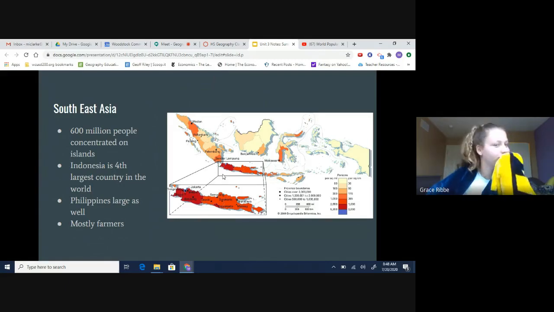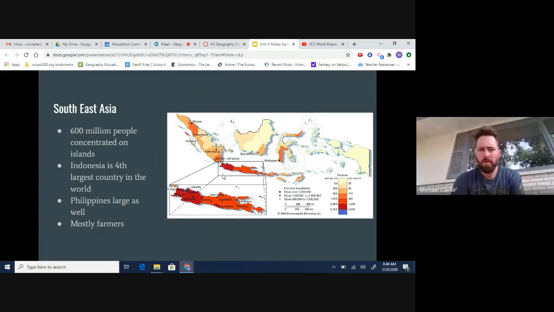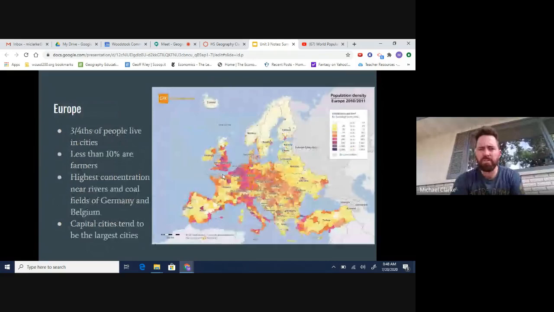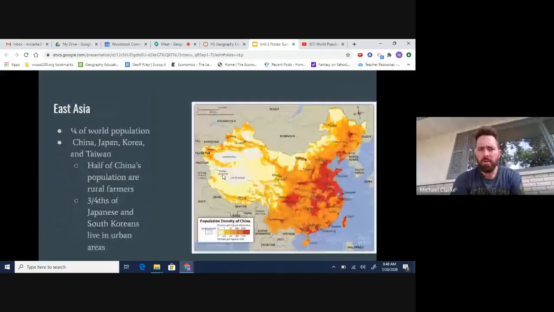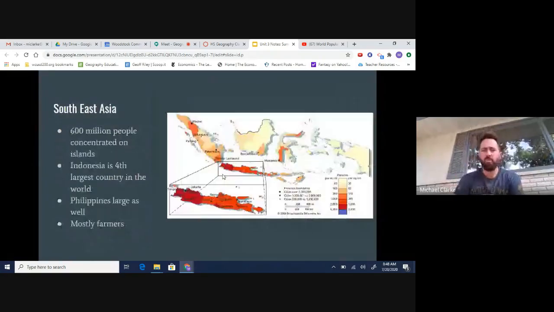Yeah. Okay, good. What's another similarity that most of these share? If you had to make a projection about where populations tend to be clustered today, what would you guys say?